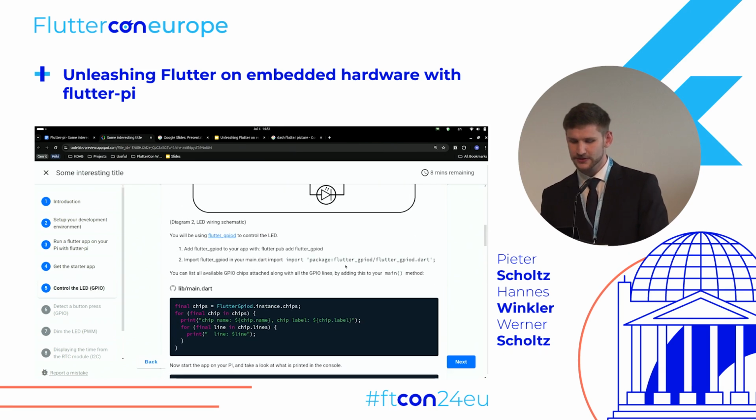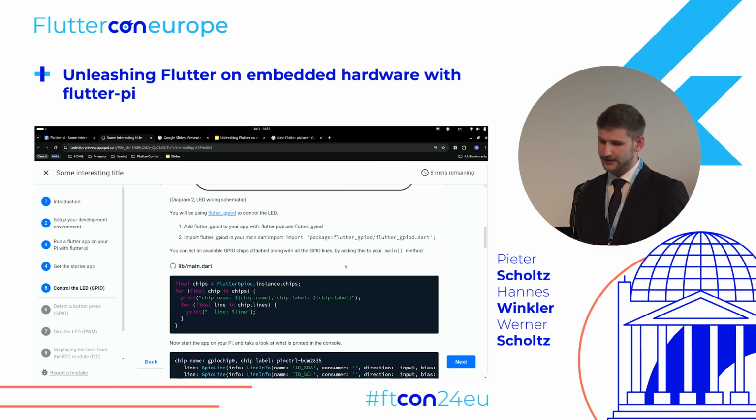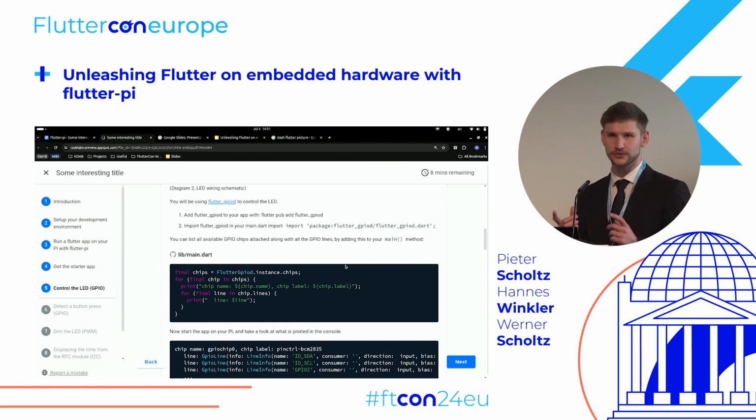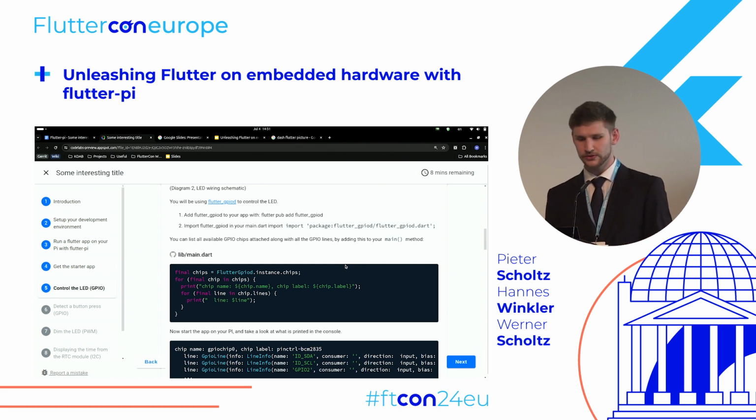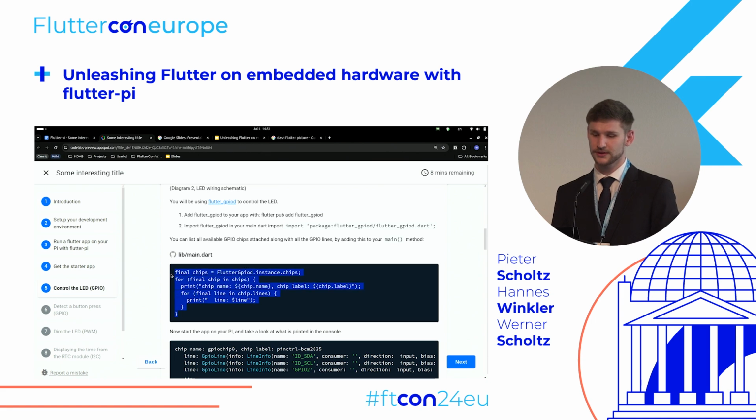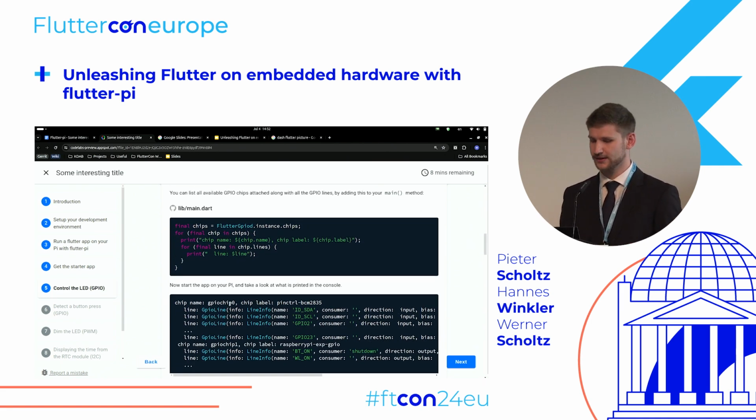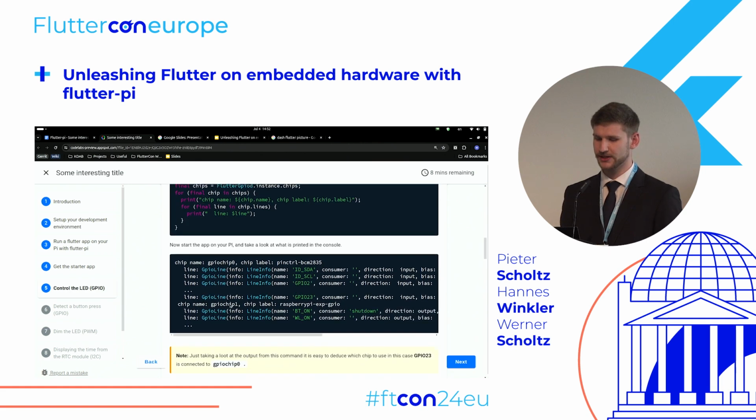Cool. So first off, Flutter GPIOD allows you to list all the GPIO chips on the board. Sometimes there's more than one. And it also lists the GPIO pins or lines. So if you do this at home, you can use this piece of code to identify the correct chip and GPIO pin.